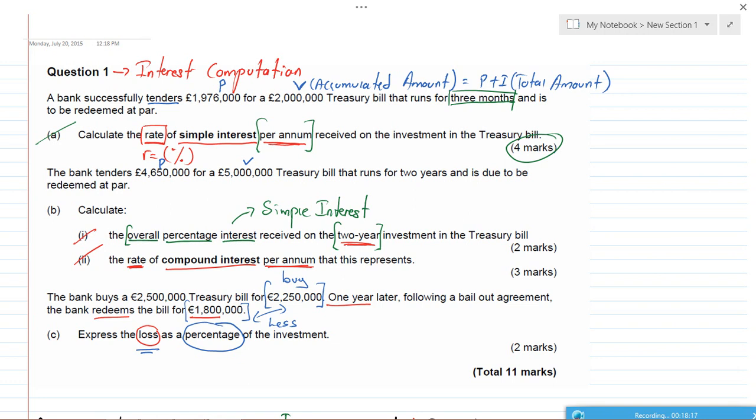If you don't highlight, you might forget in the exam what you should do. Please scribble on your question paper. It's no harm. That's why they give you the question paper, to scribble on it. Then you won't forget what you should do in your calculation. Okay, guys, so that's all with question 1. We are done. Thank you.